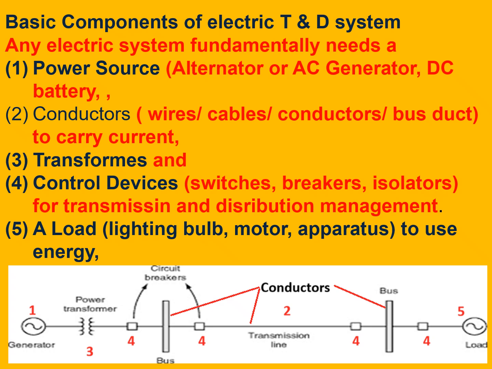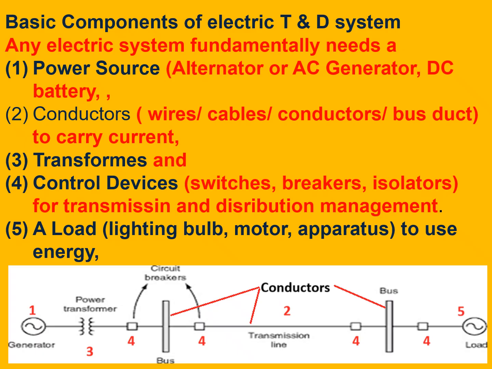Second, conductors. The conductors in an electrical transmission and distribution system may take several different shapes. It may be overhead wire, and wires of different types. It could be in the form of cables. Cable can also be underground and overhead pole mounted.